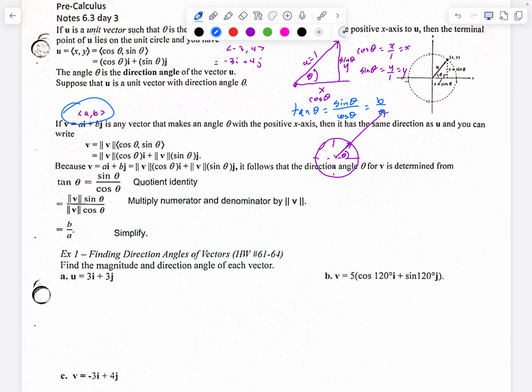So we have the tangent is sine over cosine, and so then the tangent is b over a, and we can find theta by doing the inverse tangent of your vertical component over your horizontal component. But we do have to consider what quadrant it's in.